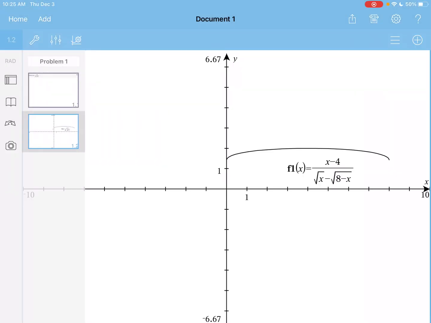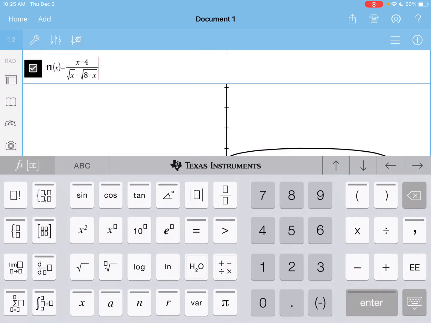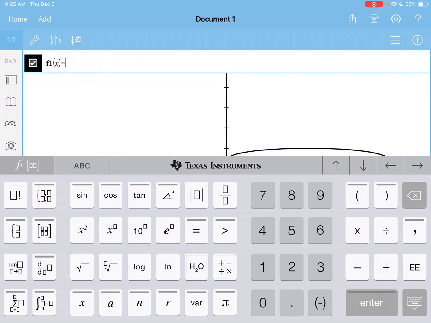It looks like I have something going already, but I don't think I want that anymore. Trying to remember how to do this, guys. You tap somewhere here. There it is. I'm going to hit my up arrow and get rid of that junk for F1.